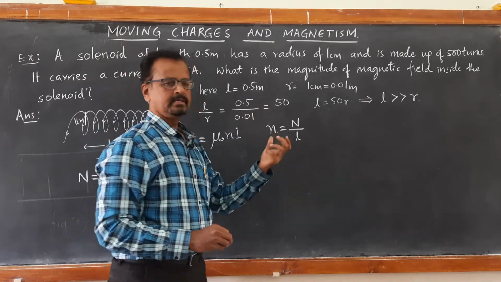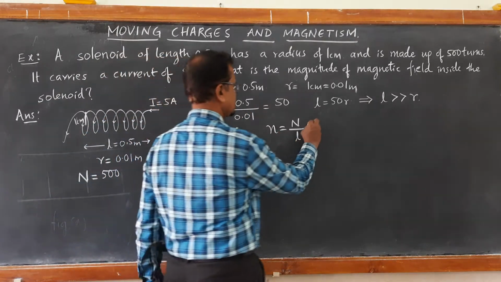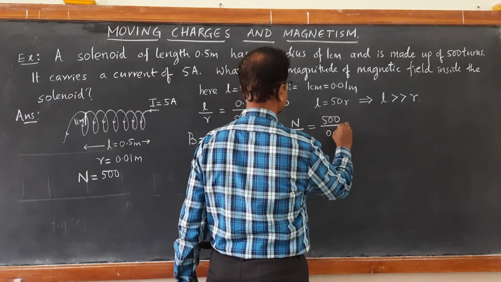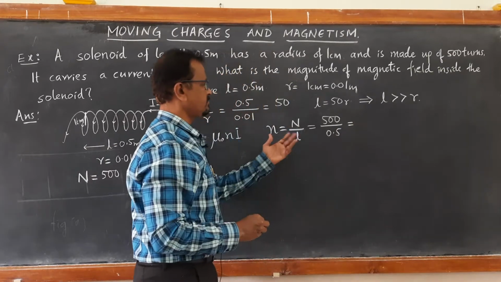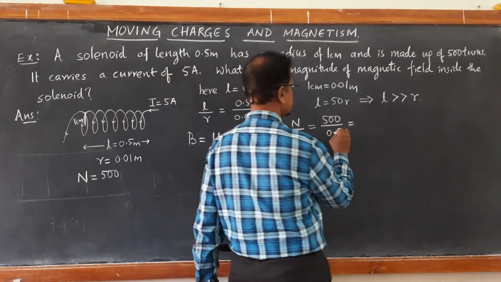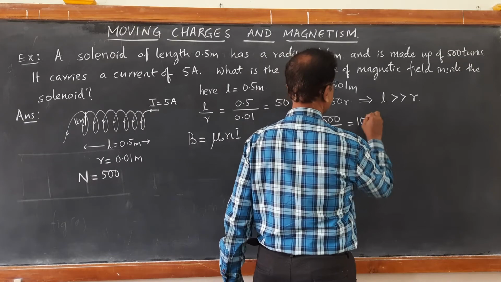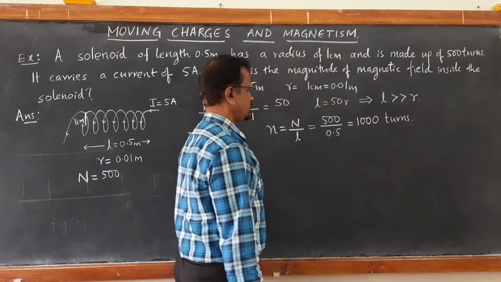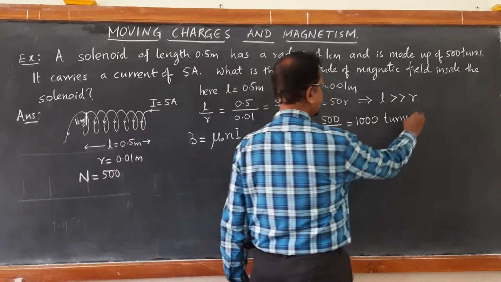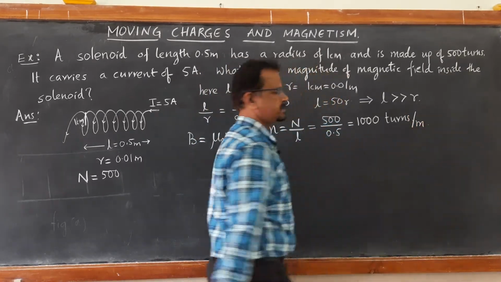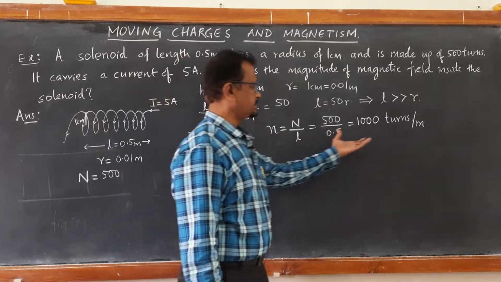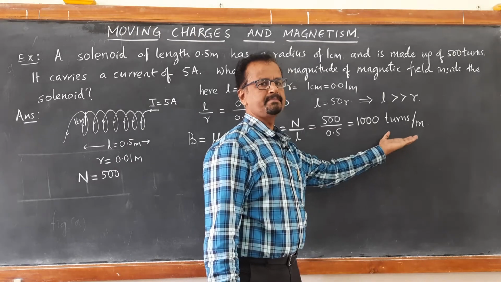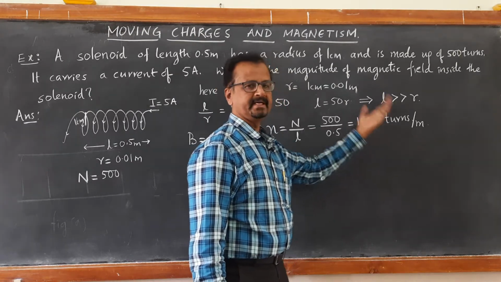So, 500 divided by 0.5 comes out to be 1000 turns per meter. That's how we have to write it, in SI unit, turns per unit length, that is per meter.